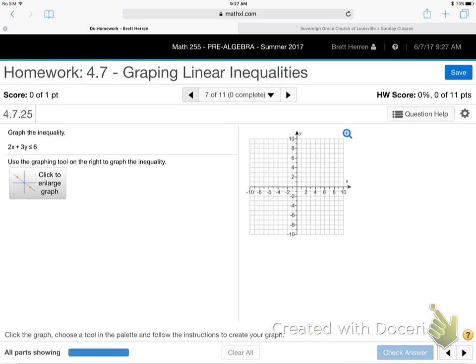All right, so try number 7. 2x plus 3y less than or equal to 6. Try that.